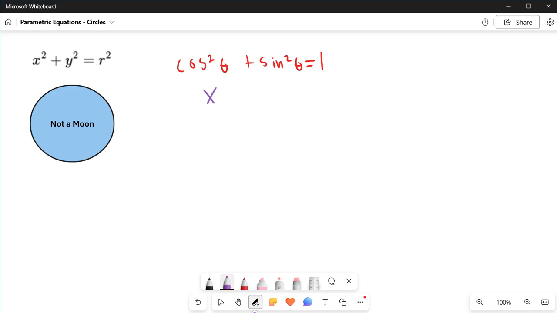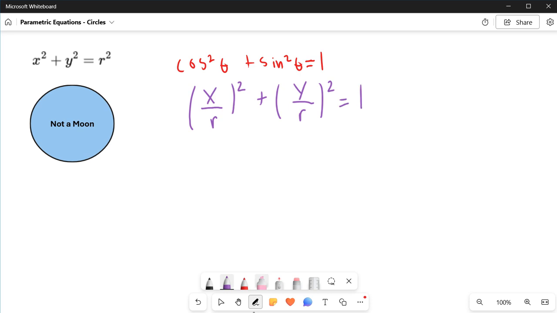And after that, let's say that you did divide by r squared, and you know that that's going to be x over r, squared, and then y over r, squared as well.